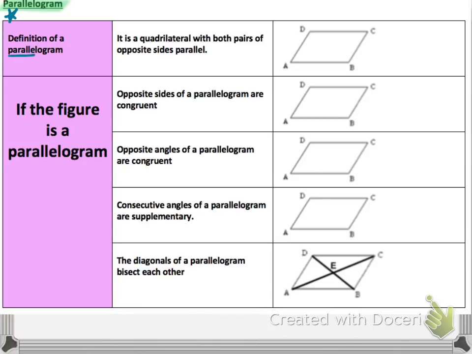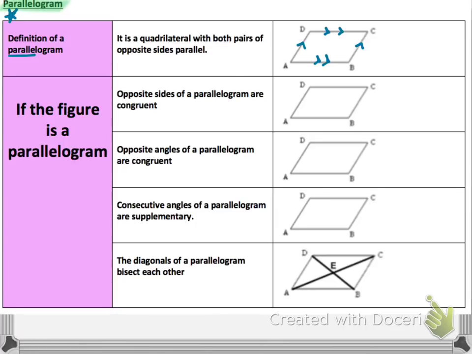That parallel part is important. So, a parallelogram is a quadrilateral where both pairs of opposite sides are parallel. So that means that AD is parallel to CB, and DC is parallel to AB.